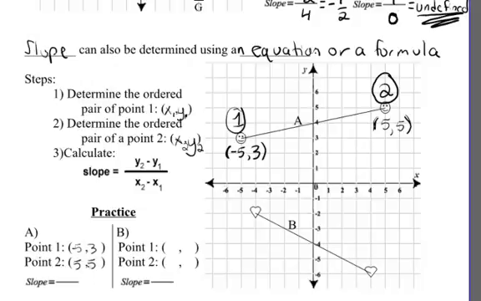Okay, so now we have to do y2 minus y1. So y2 is 5 minus y1 is 3 over x2 minus x1. x2 is 5 minus x1 is -5.